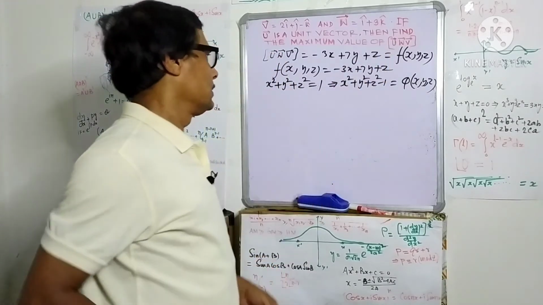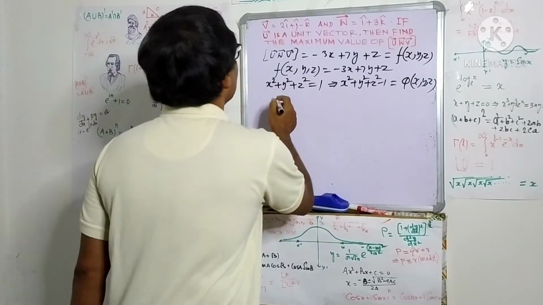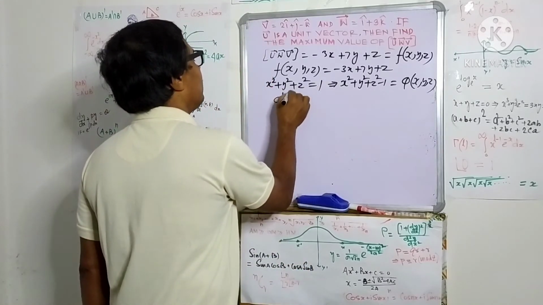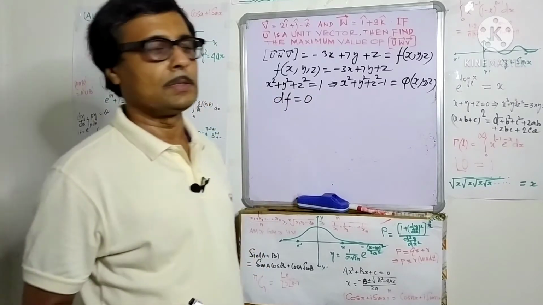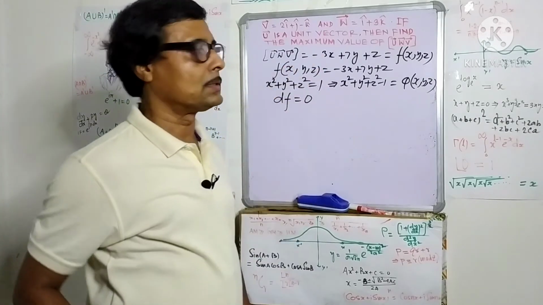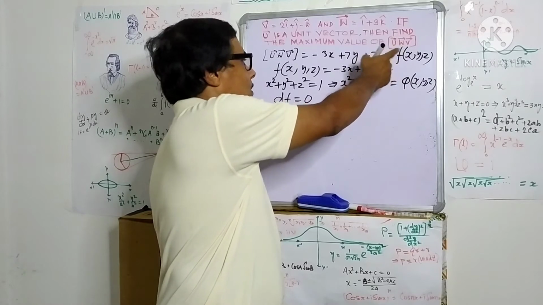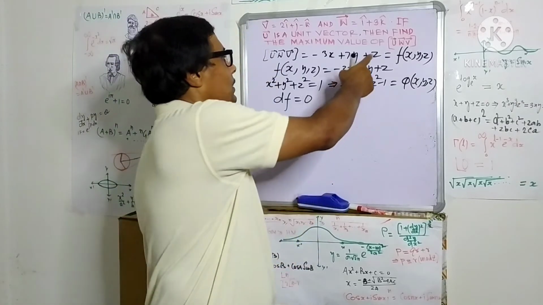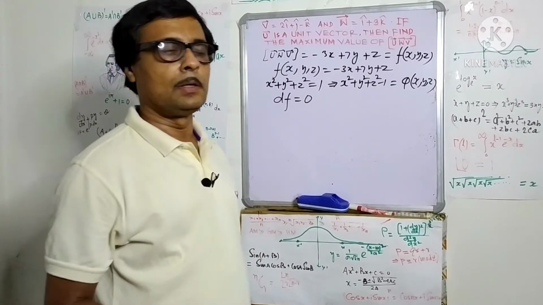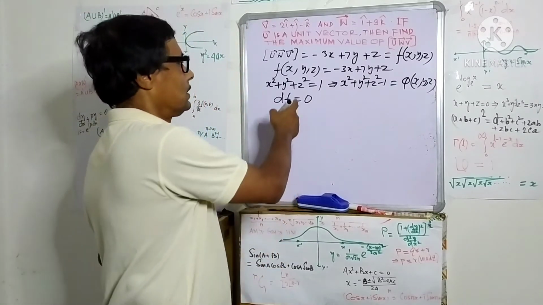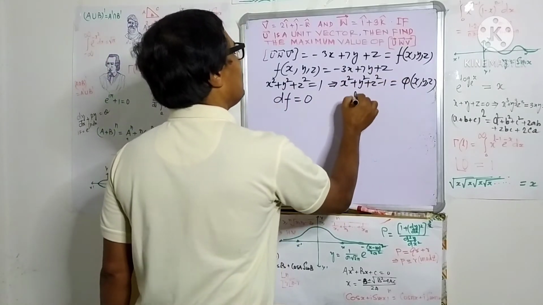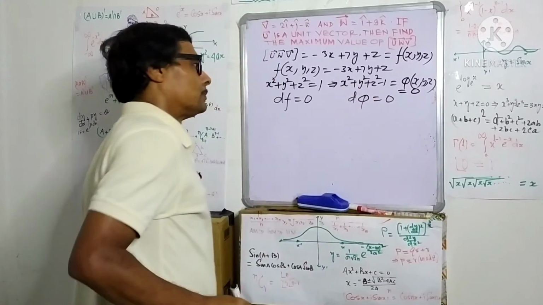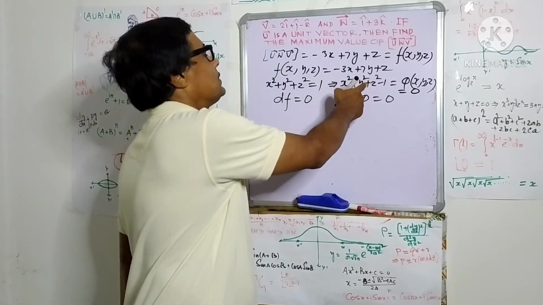To maximize this function, we take df equal to 0, because at maxima or minima, the derivative of the objective function is 0, that is the total differentiation df equals 0, and also d phi equals 0, because x square plus y square plus z square minus 1 equals 0.